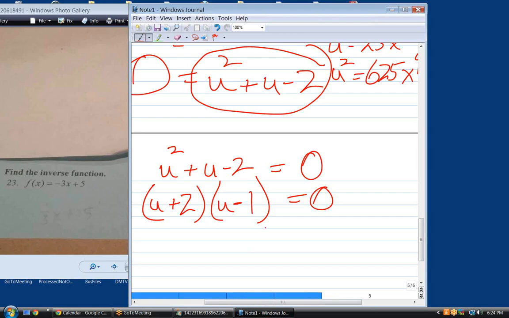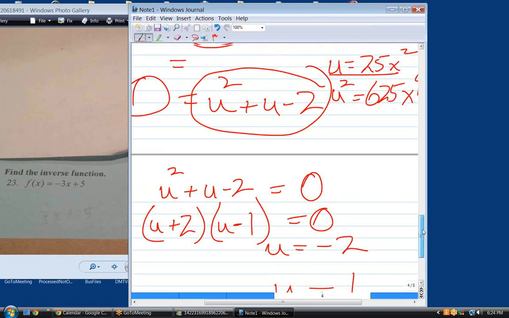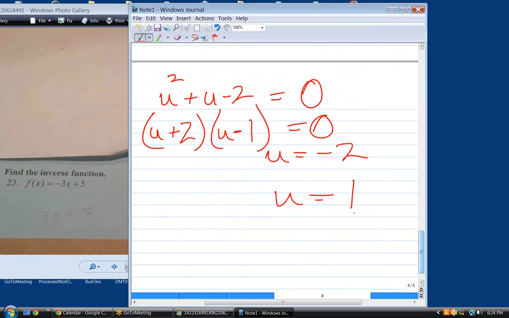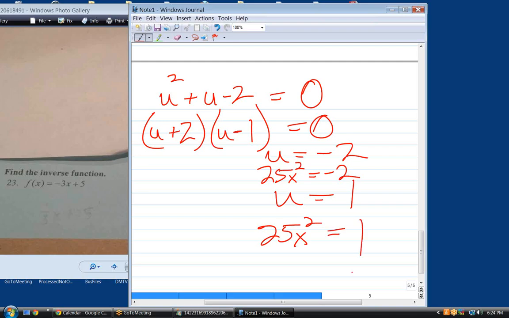So solving this, I get u equals minus 2 or u equals 1. Well, what was u? U was 25x squared, right? So I've got 25x squared equals minus 2, or 25x squared equals 1. Well, 25x squared can't be equal to minus 2.